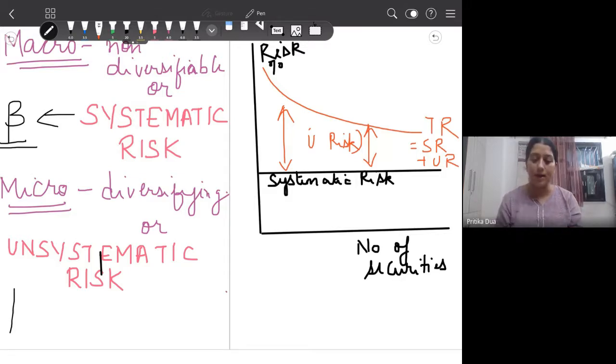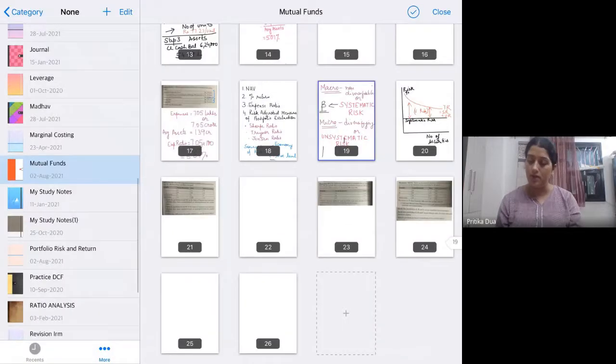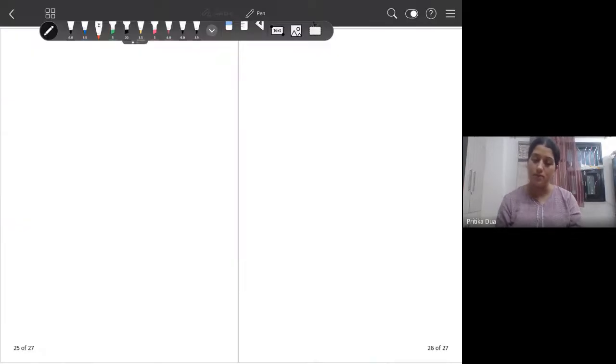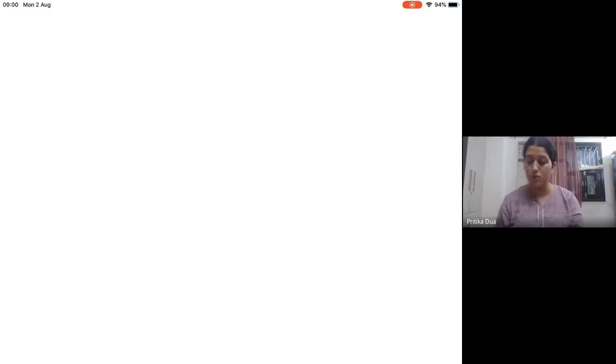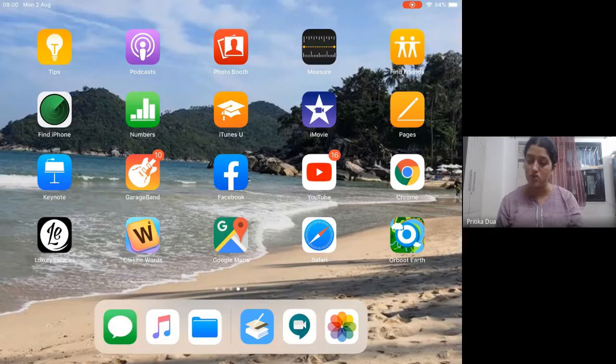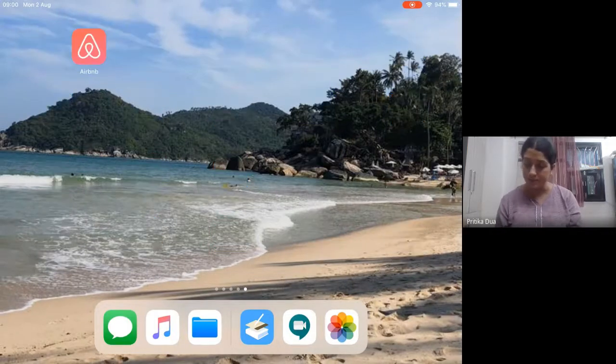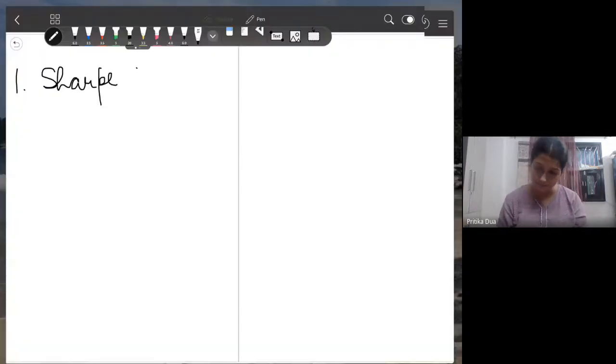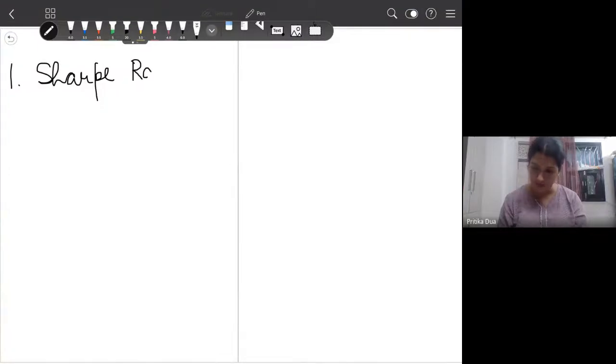Let's come back to the risk adjusted measures. So I will first start with the Sharpe ratio. The Sharpe ratio is also known as the Sharpe index, or the risk to volatility ratio.